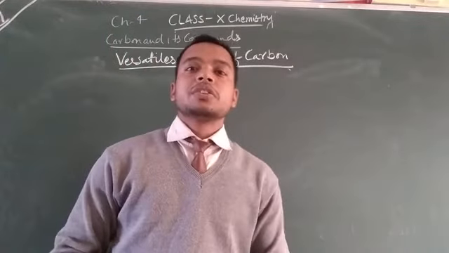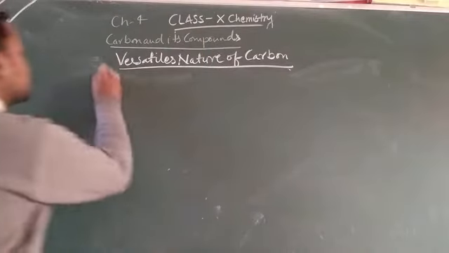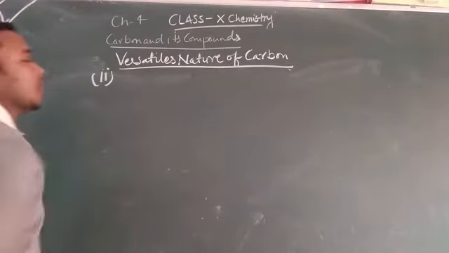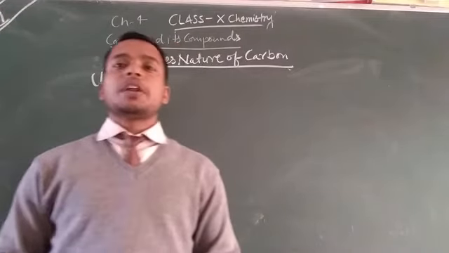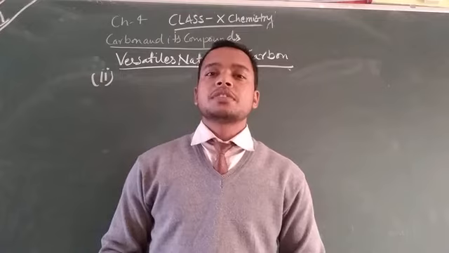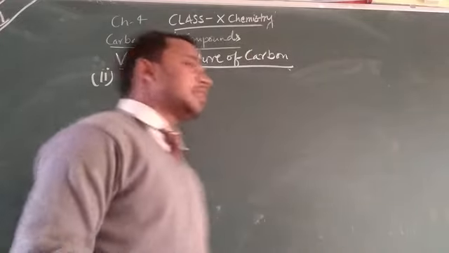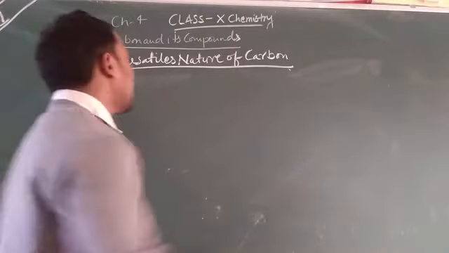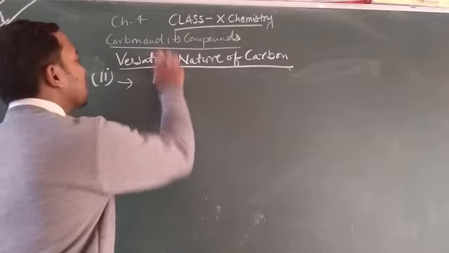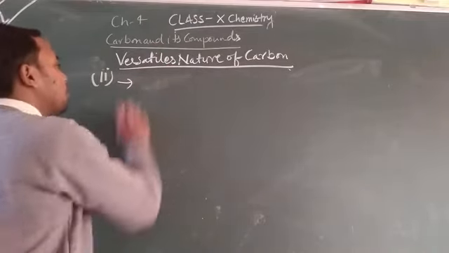Since the versatile nature of carbon, the second point is this: as we know, carbon is a tetravalent atom because in its outermost shell it has 4 electrons. The valency will be tetravalent and it combines with different types of atoms, which may be monovalent or other atoms, metal or non-metal.